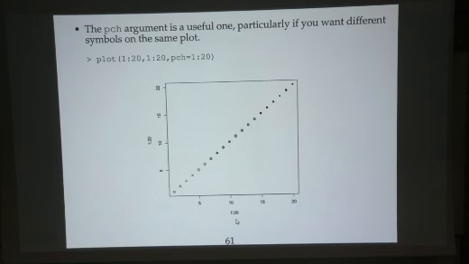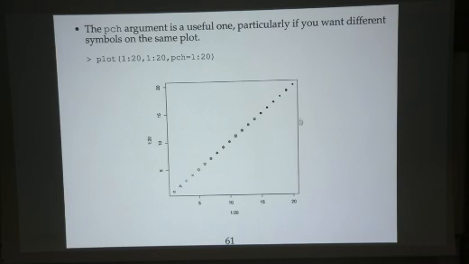So you can also use the pch command. If you want to use different symbols in the same plot, here we are plotting 1 to 20 versus 1 to 20, so x is 1, 1, 2, 2, so this is the y equal to x line, and we're using different symbols.